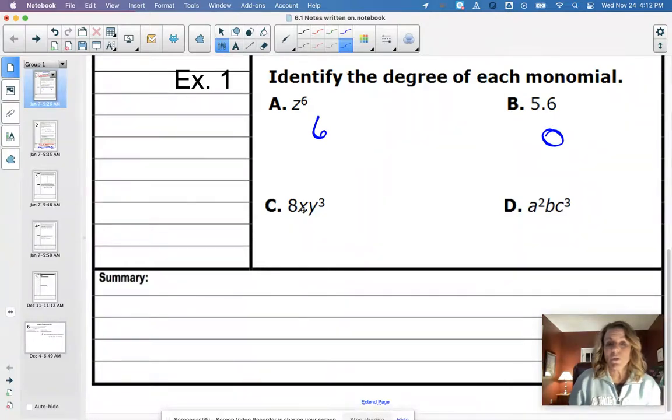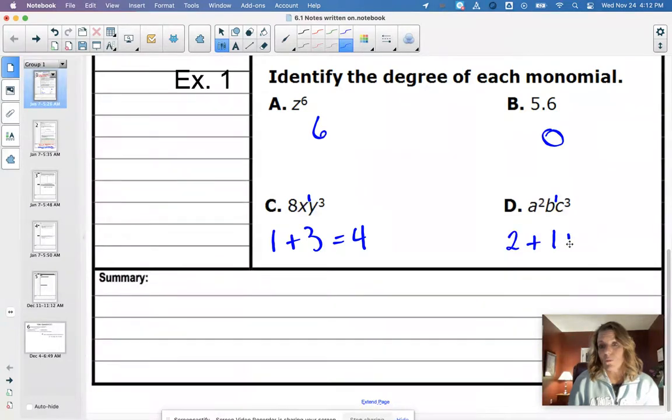The degree here, well, the exponent on the x is a 1. The exponent on a constant is a 0. So 1 plus 3 is 4. Here we have a 2 on the A, a 1 on the B, and a 3 on the C. So 2 plus 1 plus 3, well, that is equal to 6. So those are the degrees of each monomial.